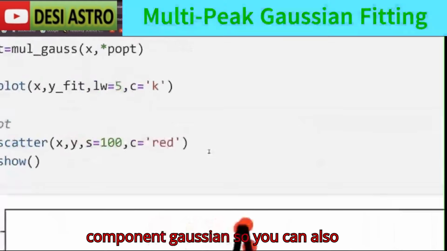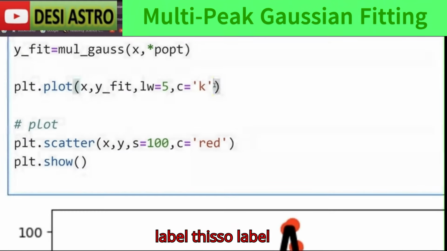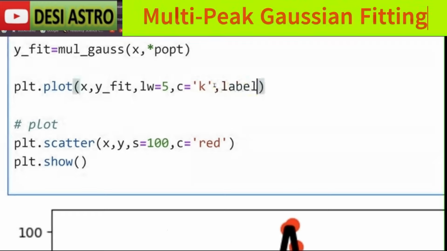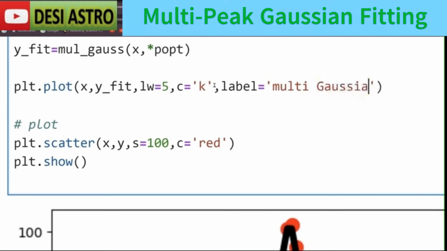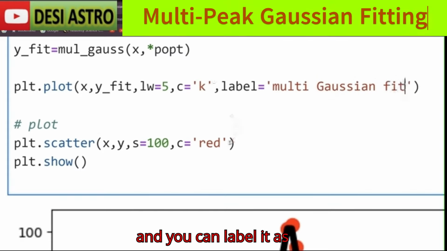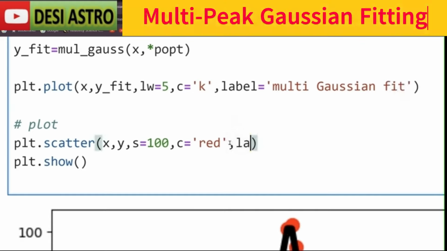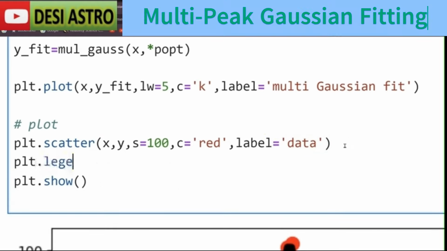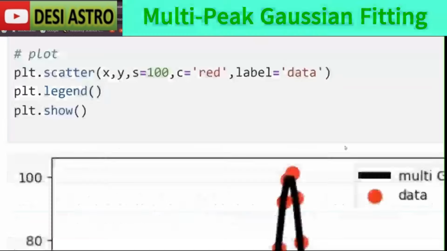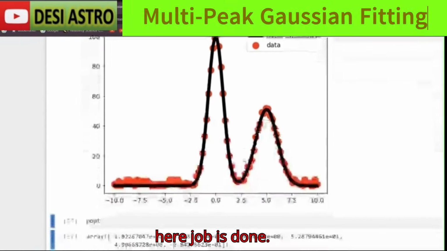component Gaussian. So you can also label this. So label equal to, let's call it, Multi-Gaussian fit, and you can label it as data, okay, and then you can give plt.legend, and here your job is done.